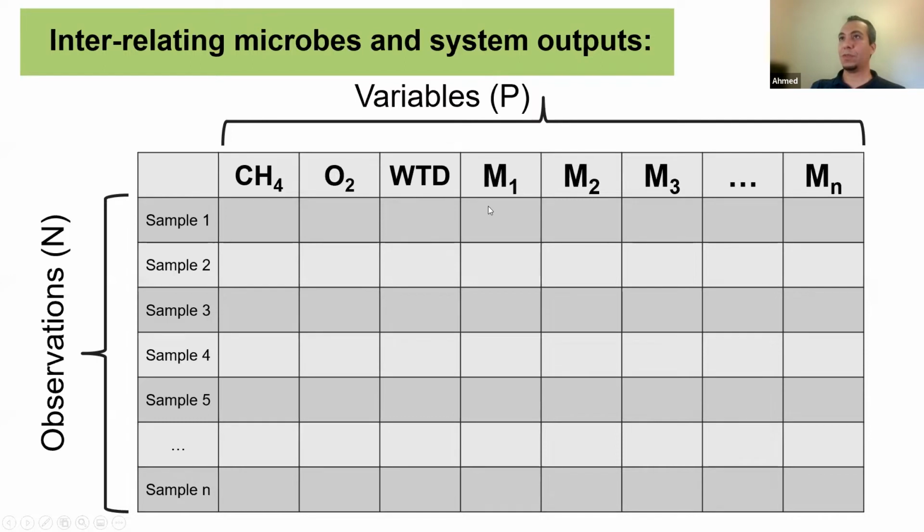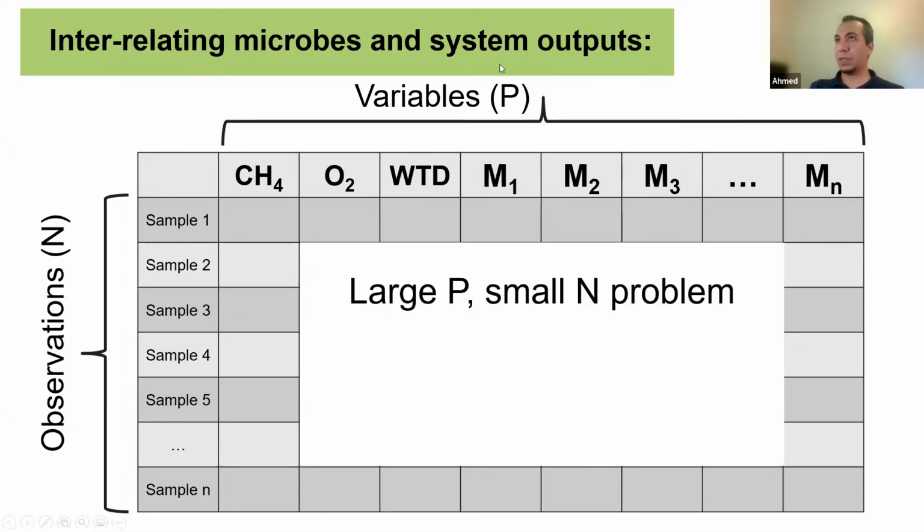If you do an individual, pairwise comparison between each taxon or each protein cluster in your data set and methane concentration, you will run into what is called the large P, small n problem. You have a small number of observations and a huge number of variables.